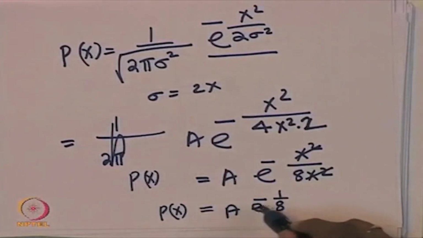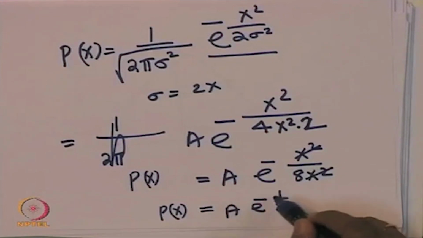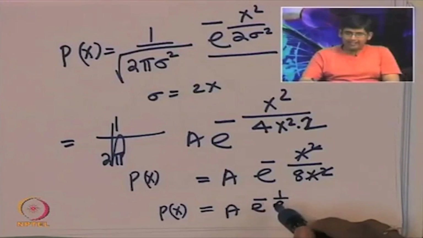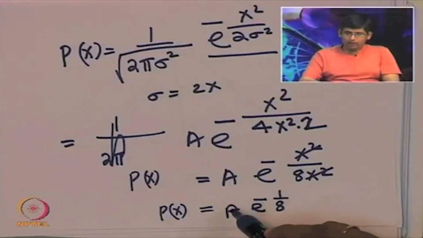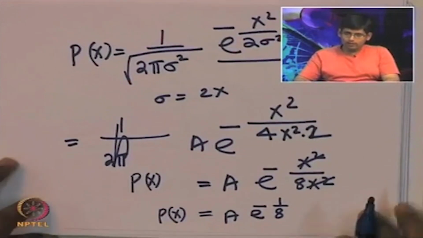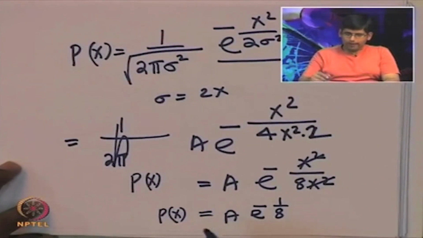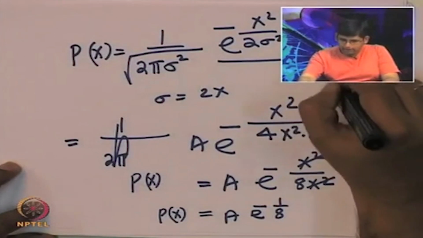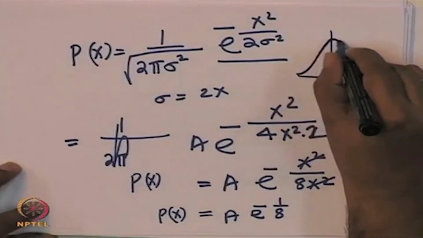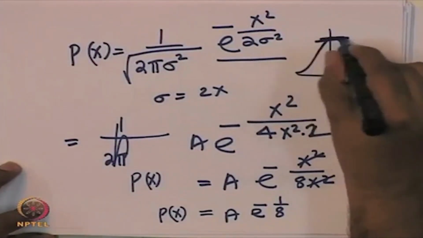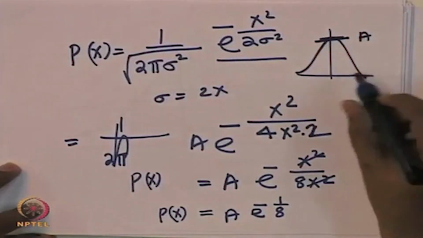A is a constant and is the maximum value, which we know, a is the peak. Just by looking at it, if we have a function, this value is a, this is the peak.